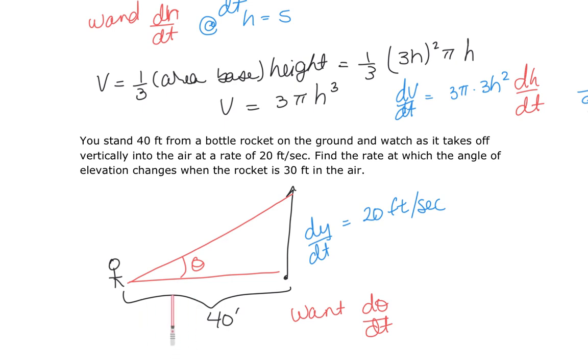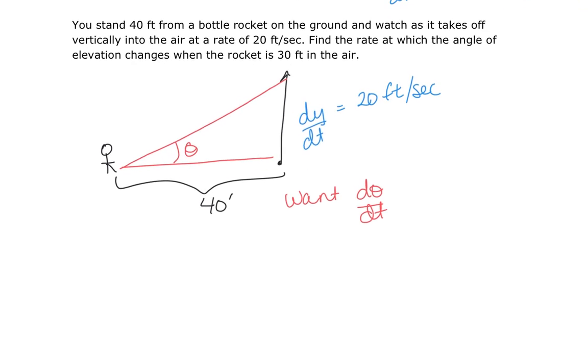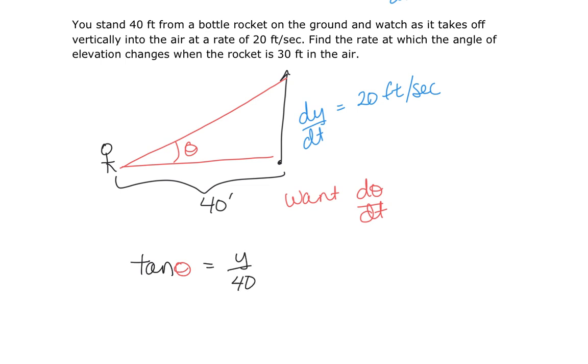If I have this side and I can probably find this side, and I'm chasing this side because I want the angle of elevation when the rocket is 30 feet in the air, I'm probably going to use the tangent. So the tangent of theta is equal to my y value over my 40. 40 is not going to change. That means my theta is equal to tangent inverse of y over 40.